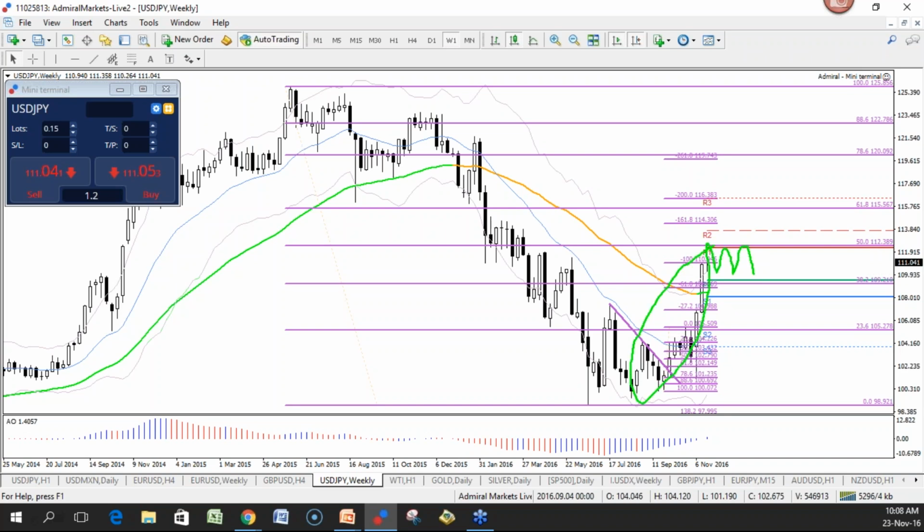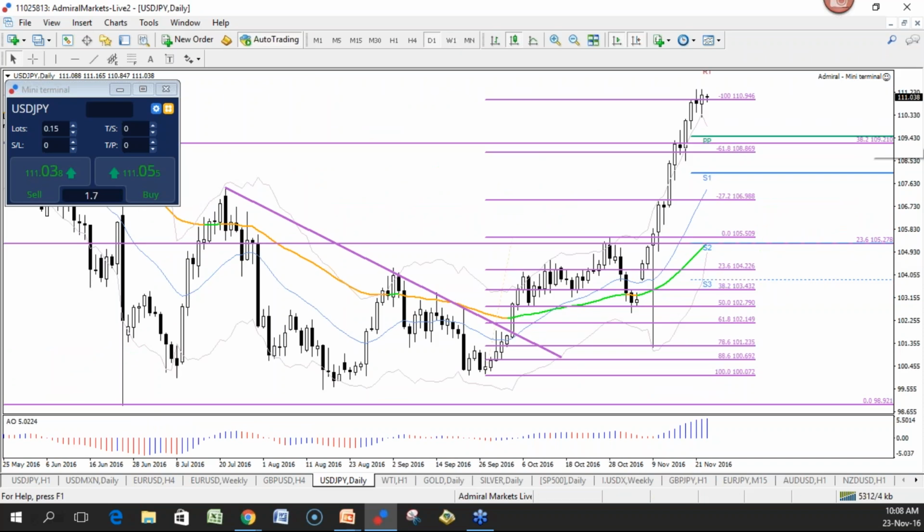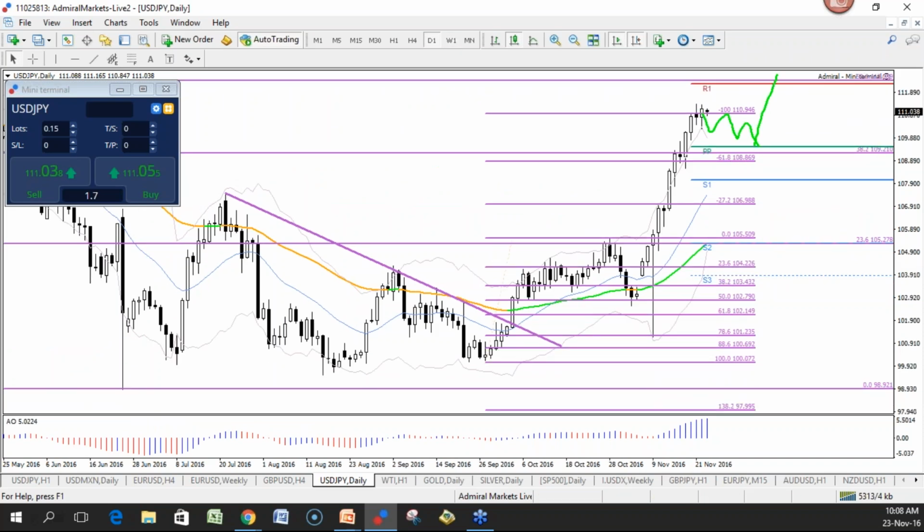If it makes a bull flag, more upside is likely. That's what I expect at this moment, is price to make a bull flag and make a push up to that 50 fib, or if it makes a smaller bull flag and pushes up, then I would still expect two bull flags then.